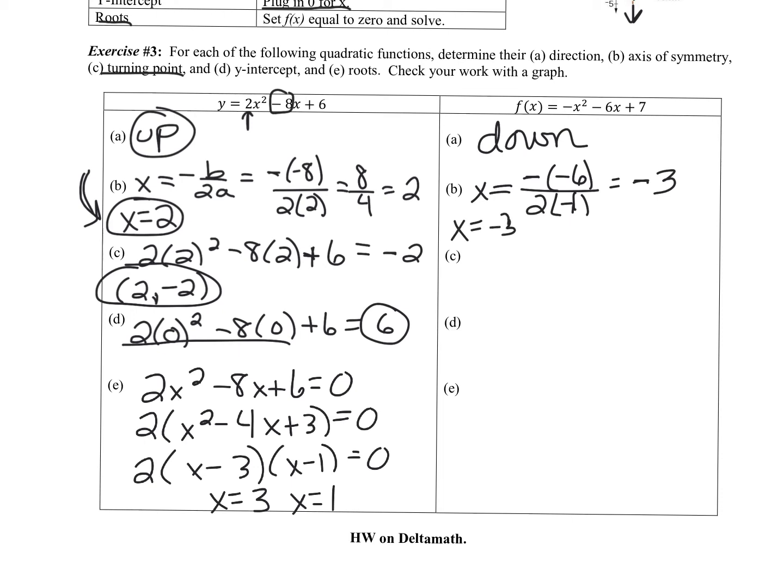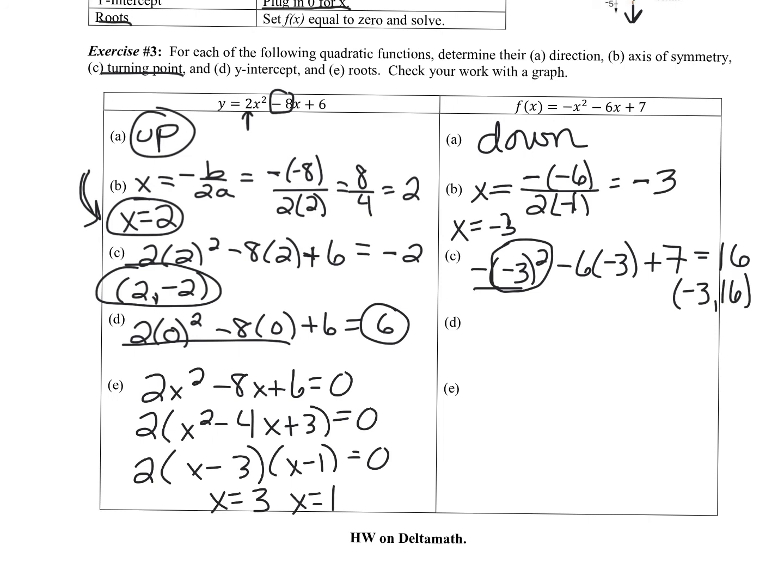To find the turning point, I plug in that negative 3 to the equation. And that's going to give me 16 here. If you're doing it by hand, just make sure you don't cancel these two negative signs. You want to make that a positive 9 first with PEMDAS, just a side note there. So my turning point is negative 3, 16.